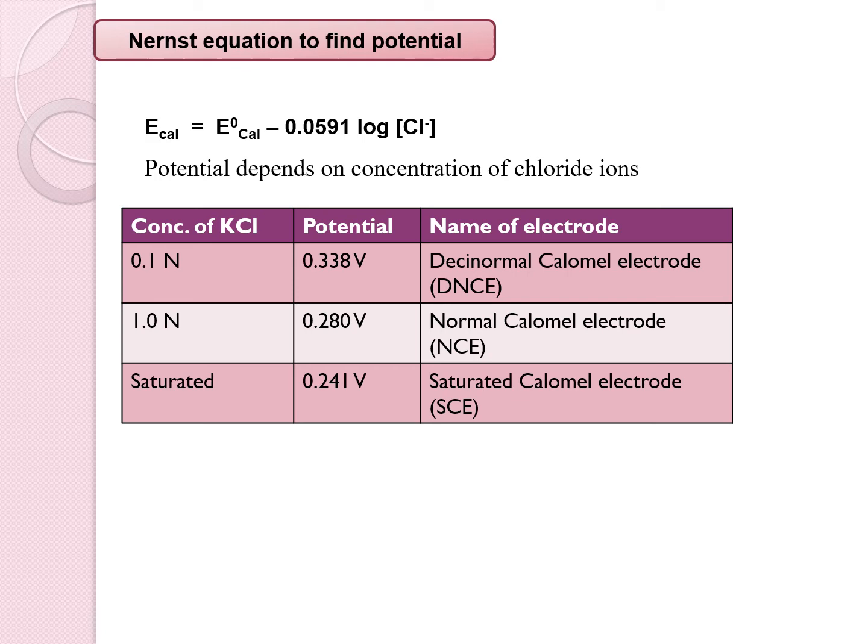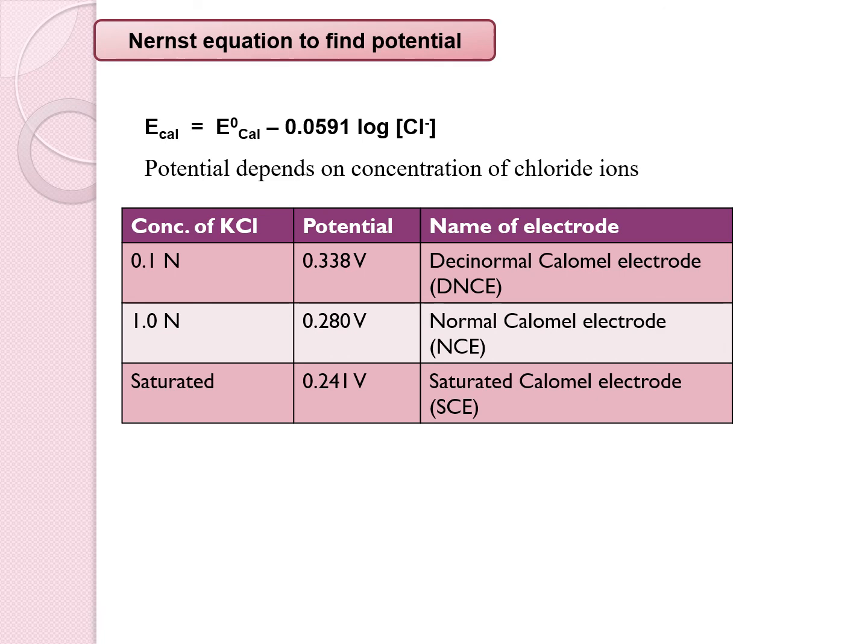As we have said, the potential value depends upon the concentration of Cl minus ion, that is KCl. When the concentration of KCl is 0.1 normal, the potential value is 0.338 volt. When it is 1 normal, it is 0.280 volt, and when it is saturated, it is 0.241 volt.